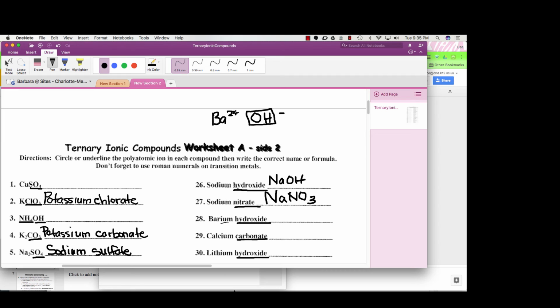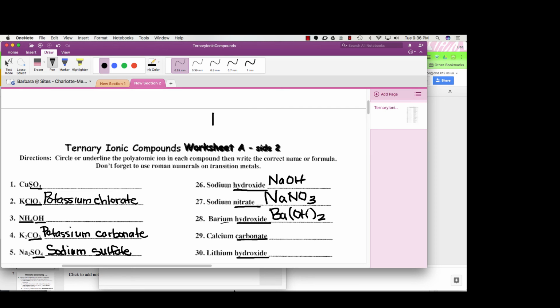So when we cross the numbers and drop the charges, the 2 comes down here, and our 1 crosses over, but we don't write ones. Since this subscript is greater than 1, we need to make sure that we put parentheses around the polyatomic ion. So then your formula becomes Ba(OH)2. Because if you look inside the parentheses, there's a 1-to-1 ratio between the oxygen and the hydrogen.